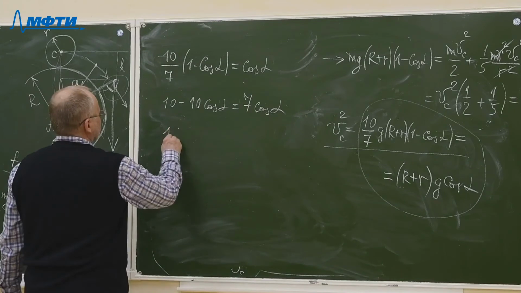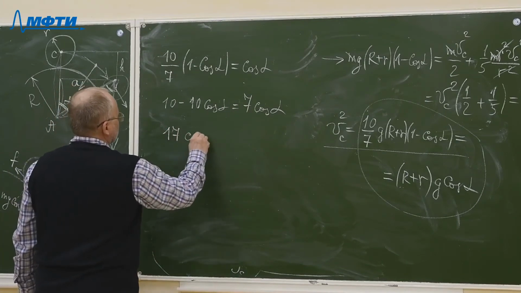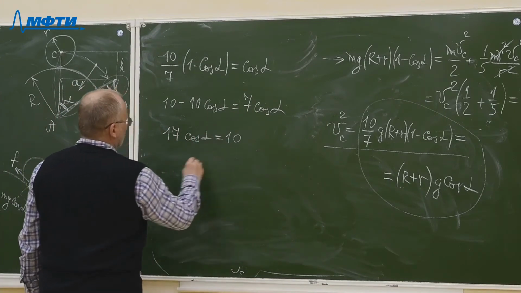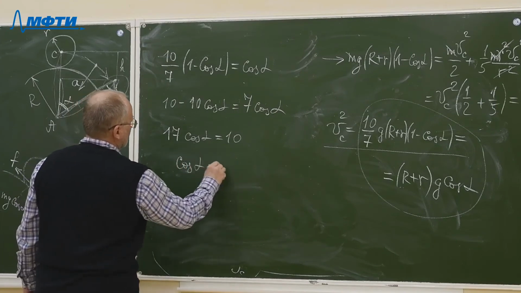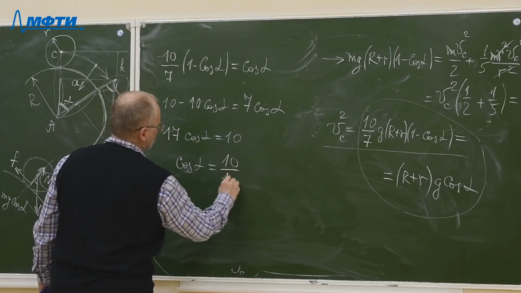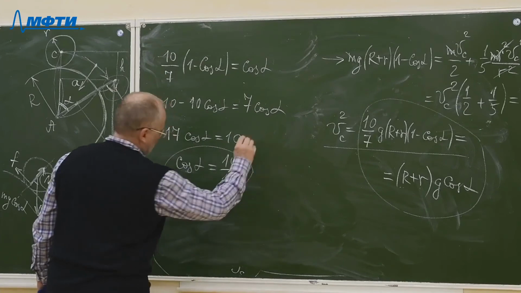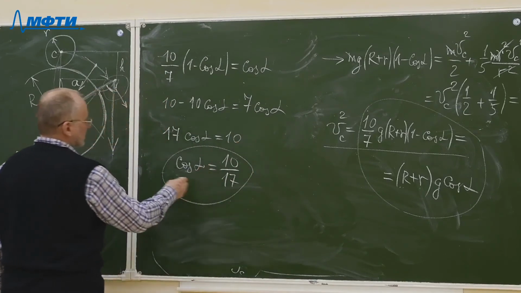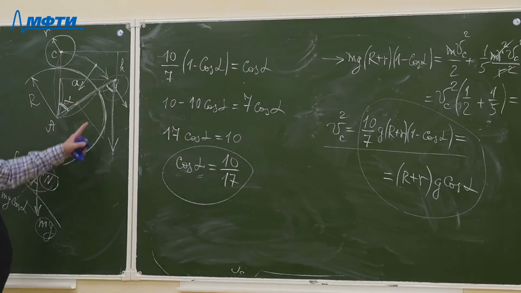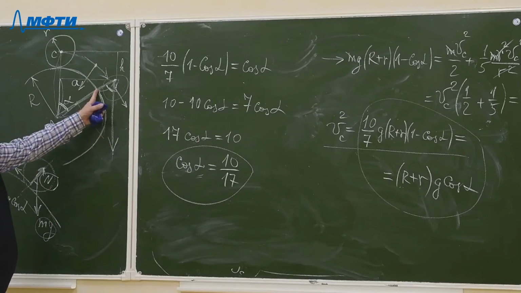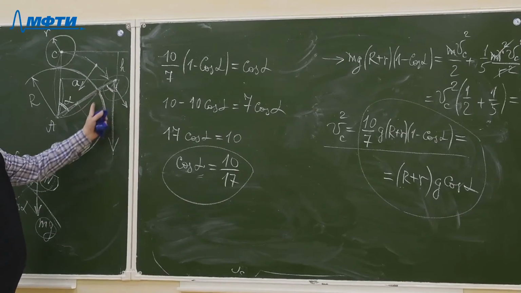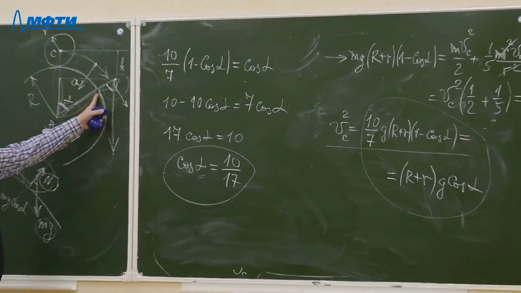And therefore 17 cosine alpha must be equal to 10, or cosine alpha must be equal to 10 over 17. That's the angle at which the disconnection will occur, the disconnection between the small sphere and the cylindrical surface.